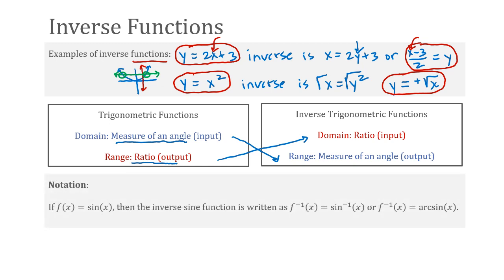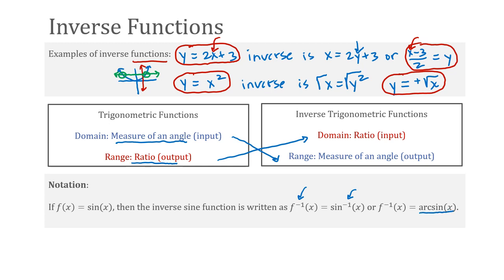Now I want you to be careful here about notation. If f of x is equal to the sine of x, then we say that the inverse sine function is written as f with this little -1 above it. That little -1 means inverse, so we are going to say f inverse of x equals sine inverse of x, or sometimes instead of writing sine inverse of x, you see the notation arcsine.